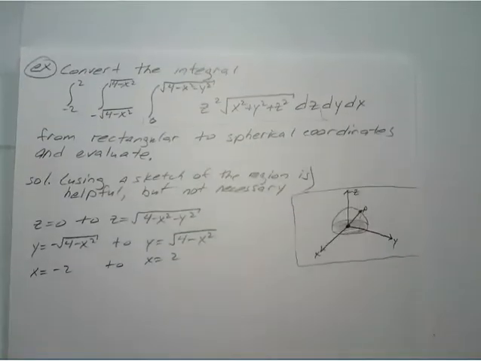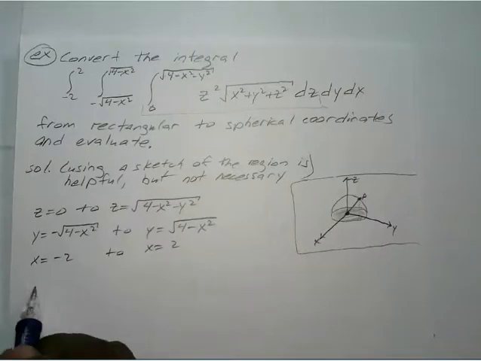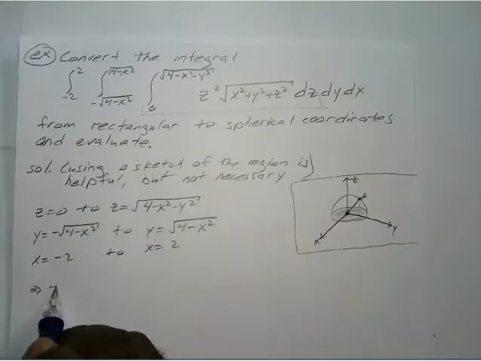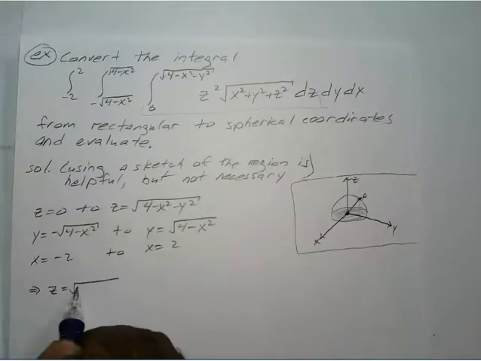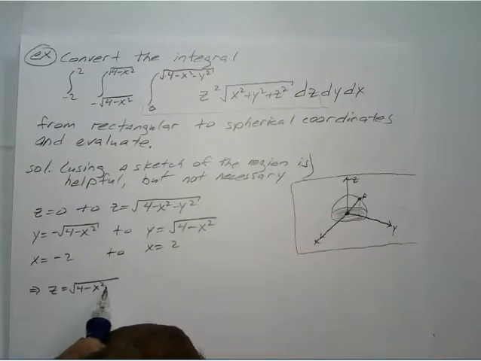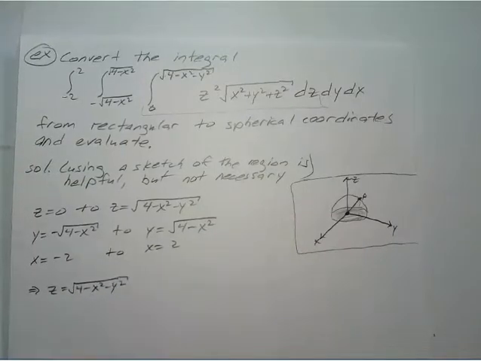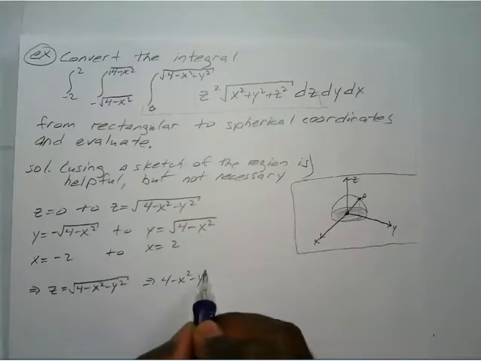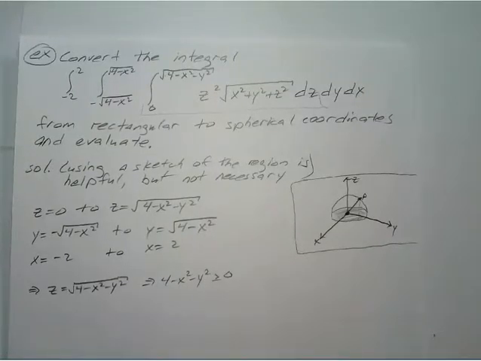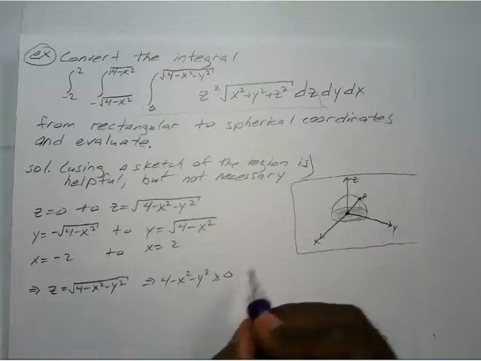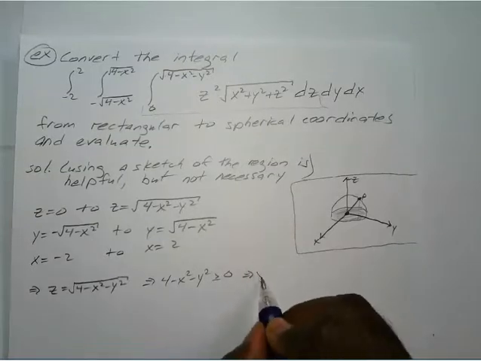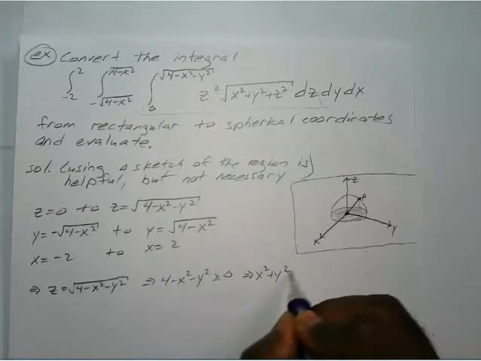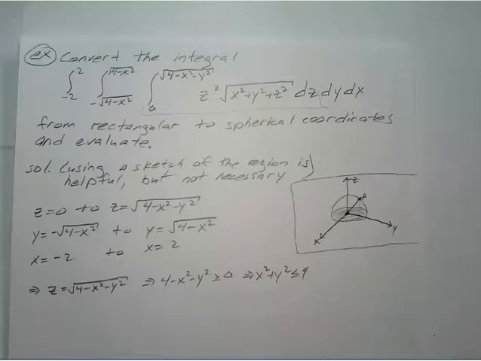Okay, so how do we know this? We know this because your z is equal to the square root of 4 minus x squared minus y squared, which means that 4 minus x squared minus y squared has to be greater than or equal to 0. So if you add x squared and y squared to the other side and kind of switch it over, that means x squared plus y squared is less than or equal to 4.